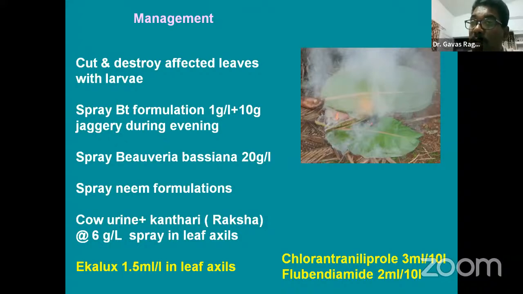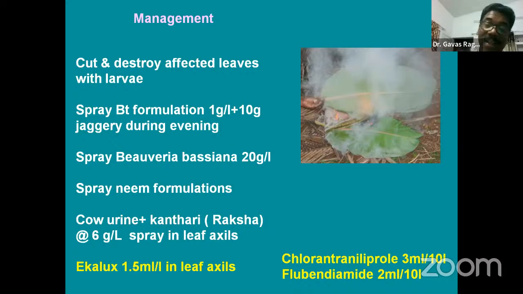The 10,000 ppm azadirachtin neem formulation is available in the market under the name Eco Neem Plus. Anyway, please remember this: we have to resort to application of neem oil only in the initial stages, when it is effective at the rate of 5 to 10 ml neem oil per liter of water. It is effective in managing leaf-eating caterpillars. In other states, we have found by mixing cow urine with the kandari.